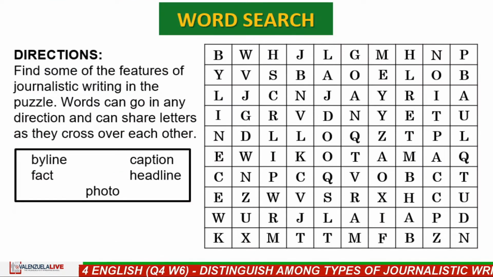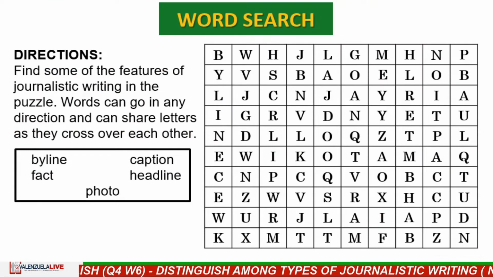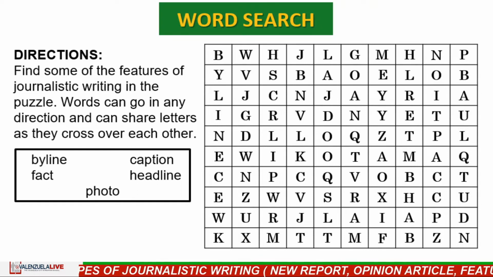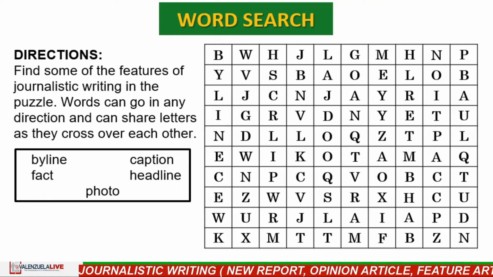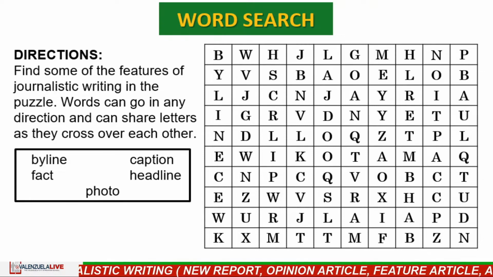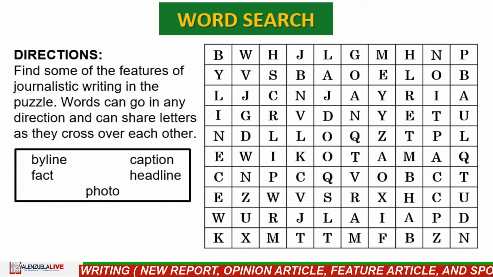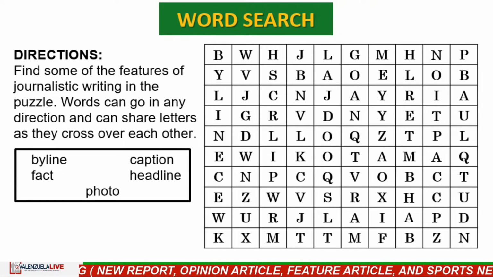Find some of the features of journalistic writing in the puzzle. Words can go in any direction and can share letters as they cross over each other. Look for the word headline, byline, photo, caption, and fact. Don't forget to take a screenshot of the puzzle.